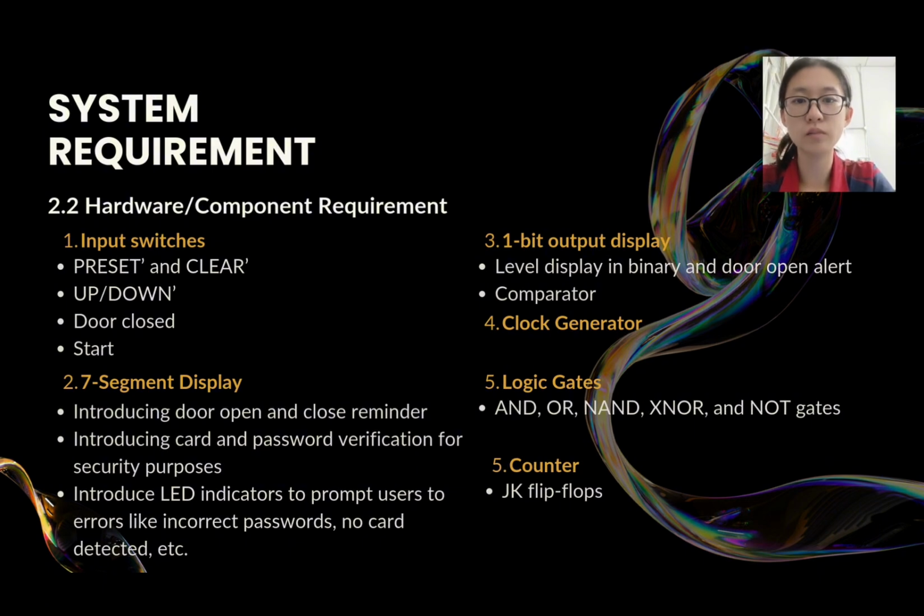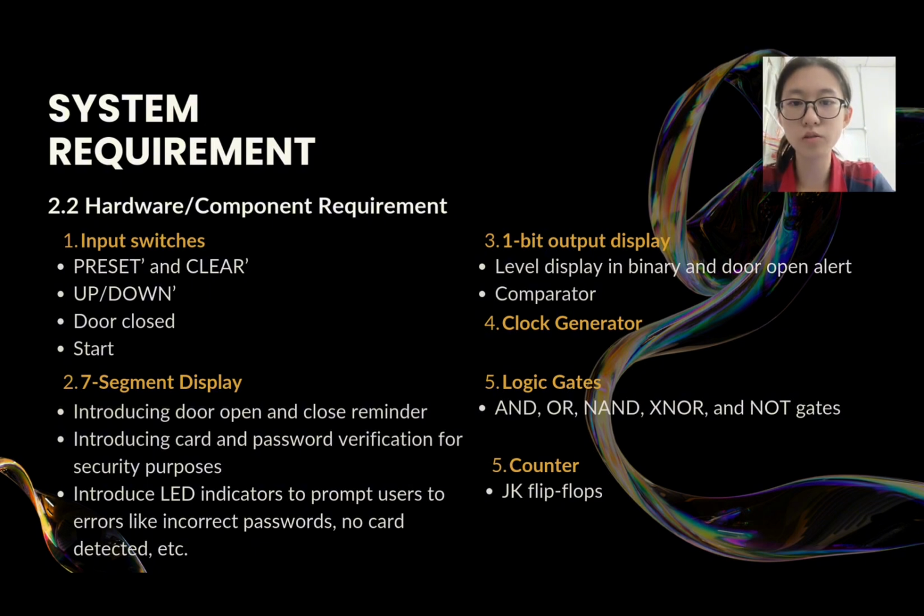For the hardware requirements, several input switches are used in this system. These include preset and clear switches, up and down switch, a door close switch, a start switch, as well as password and card input. A 7-segment display is used to show the desired level, the current level, and the password input. A 1-bit output display is used to show the level in binary form and to indicate when the door is open.